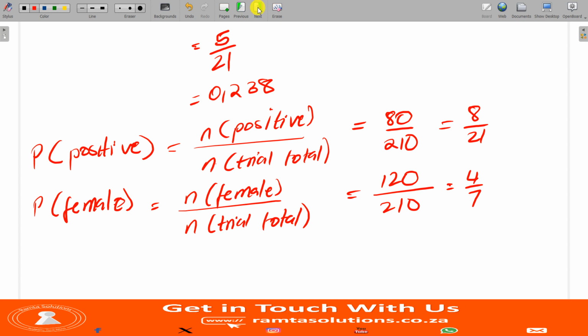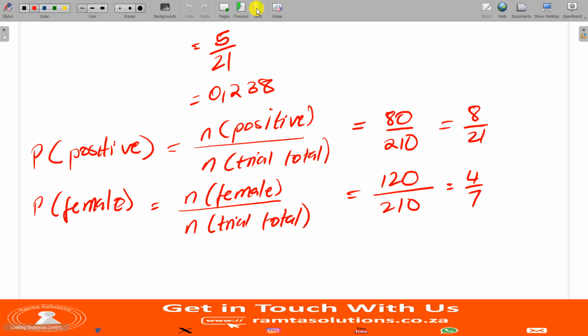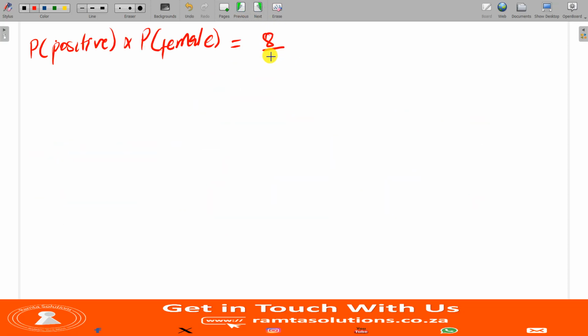Now, let's check this. Probability of positive multiplied by probability of female. What do we get? Let's go. 8 over 21 multiplied by 4 over 7.